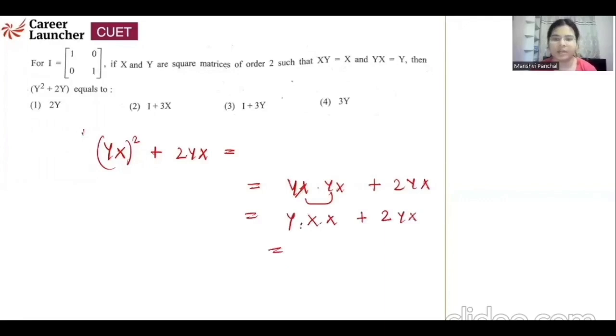If I take yx common, or let's say this will be yx², so if I take this as common, this will become y into (x is y), x + 2yx. It means 3yx, and yx is given as y. So it means 3y. Option 4 is the correct answer.